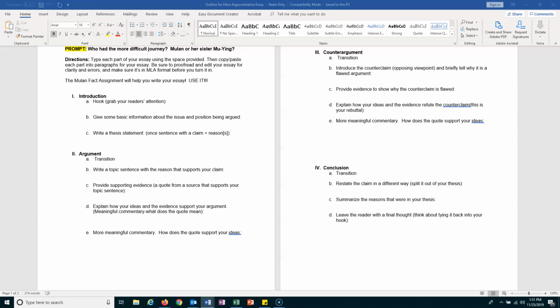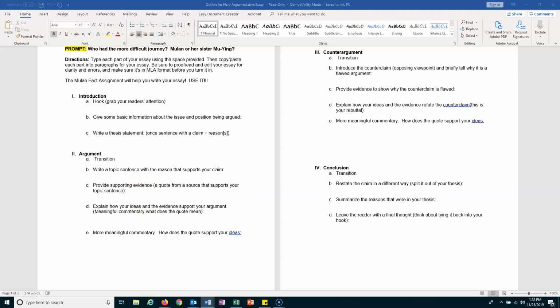But in this section, basically, you are saying, okay, I really feel that, except you're not saying I because you're not allowed to use first person, but you could say, in the journey, Mulan had a more difficult journey. So then after that, you're finding your quote, right?